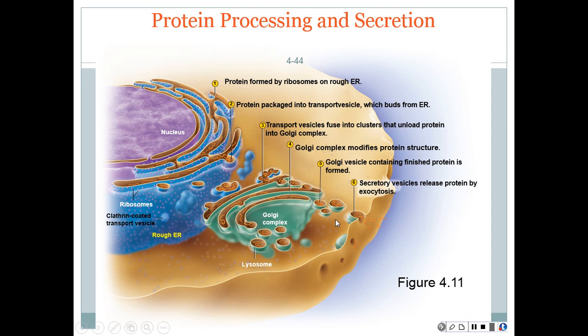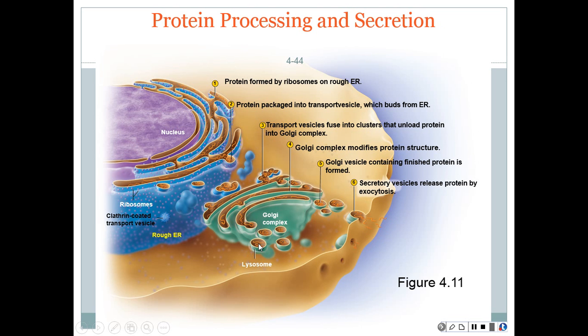Now, some of the Golgi vesicles become lysosomes, while others become secretory vesicles that are going to merge with the plasma membrane, which you see here. Once they merge with the membrane, they release the cell products by exocytosis.